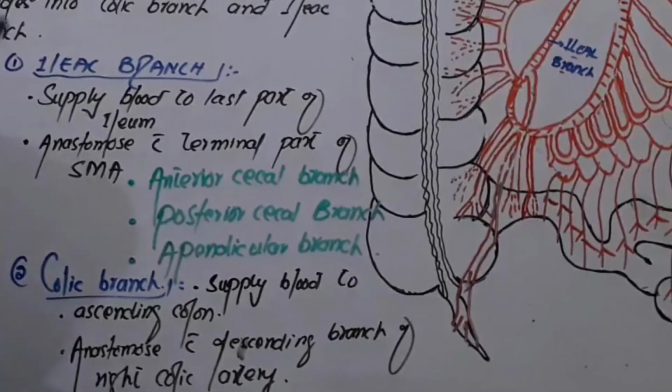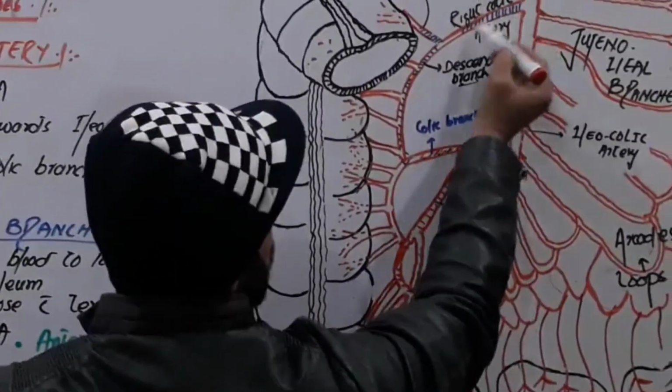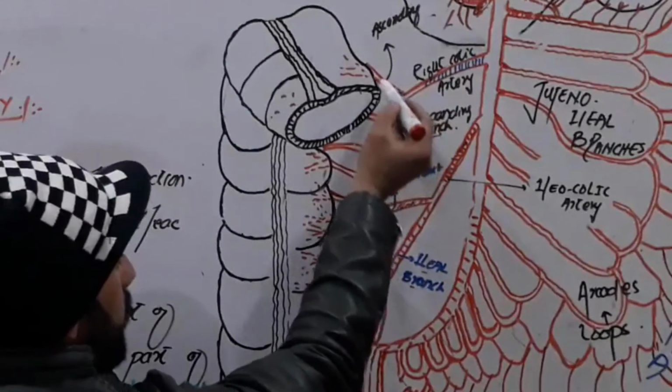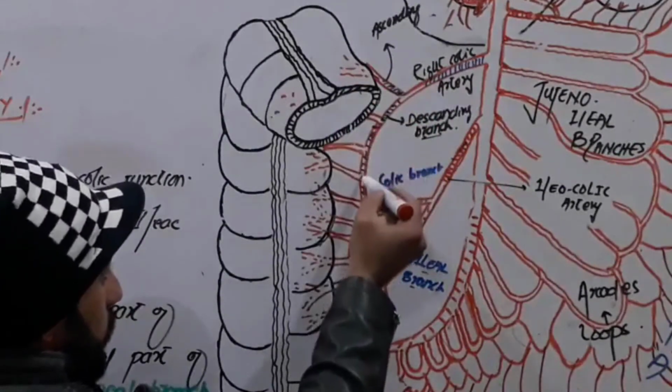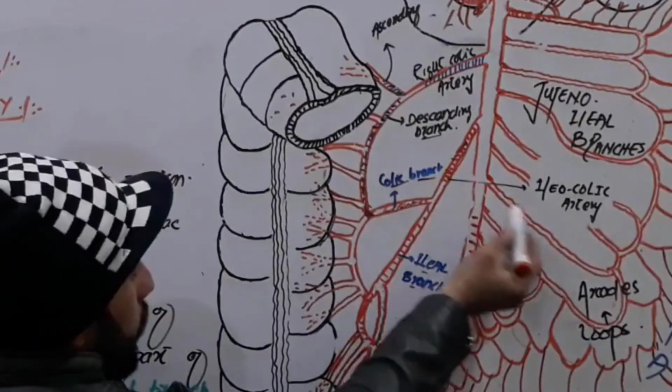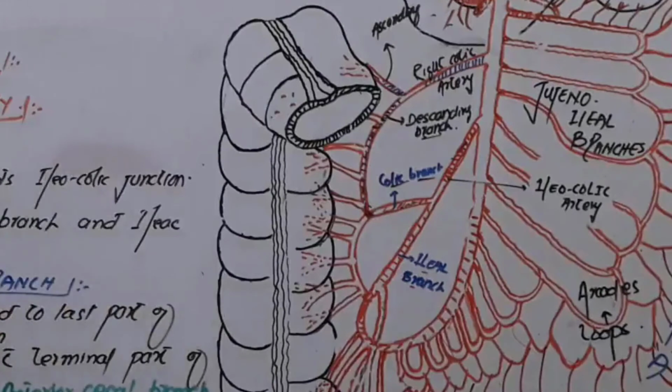Once again, look, this is our right colic artery. This is the descending branch I have discussed in the previous lecture. This is its ascending branch. So this descending branch of the right colic artery is making anastomosis with the colic branch of the ileocolic artery, right?